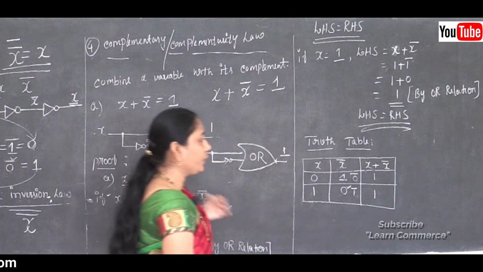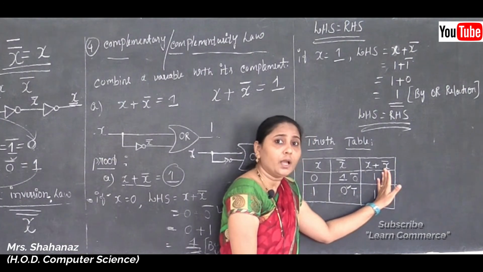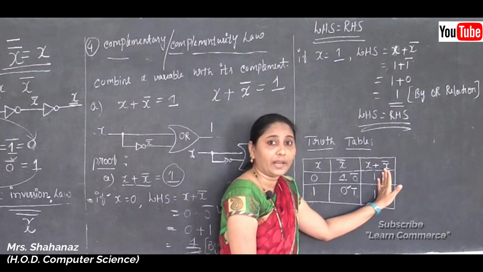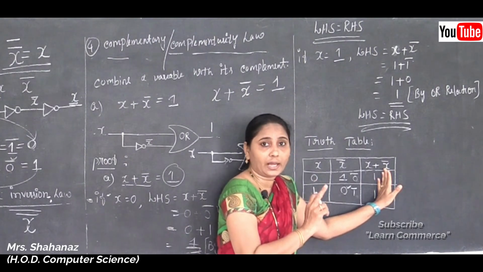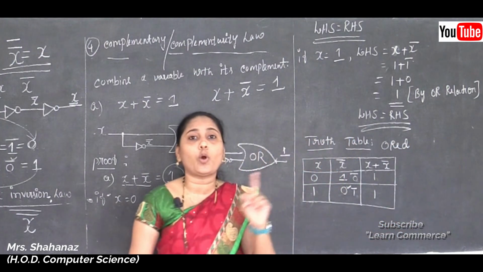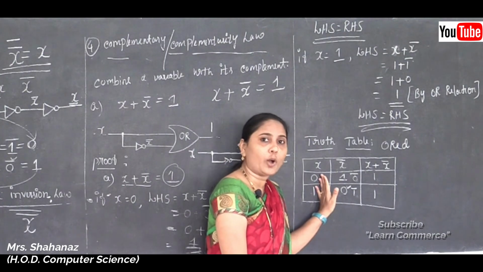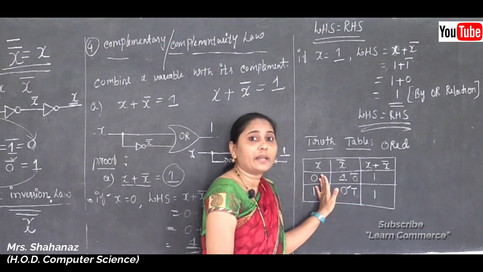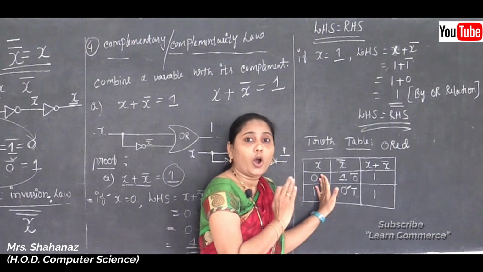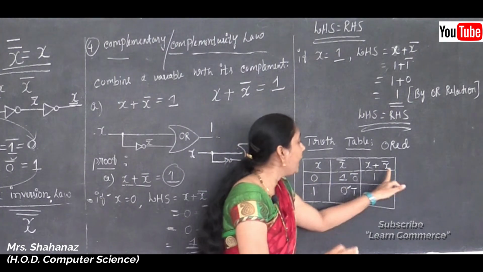And what about our third column? The x and complement of x values need to be ORed. We need to add the values, ORed, just to get the output, and such output is shown in the third column.